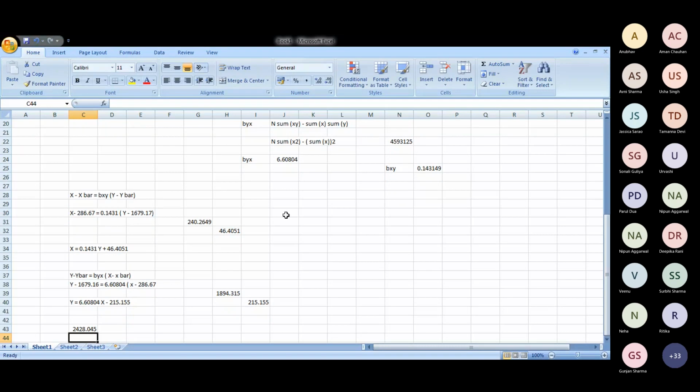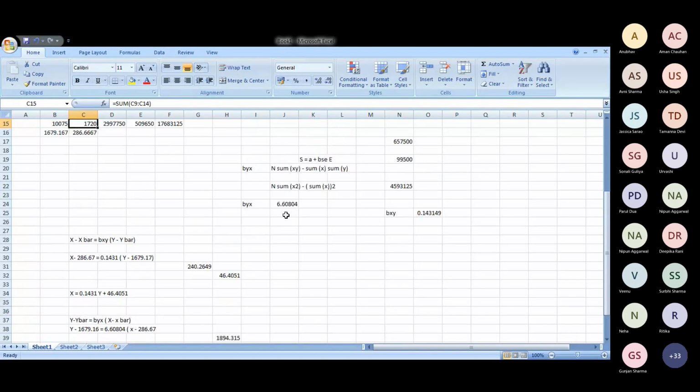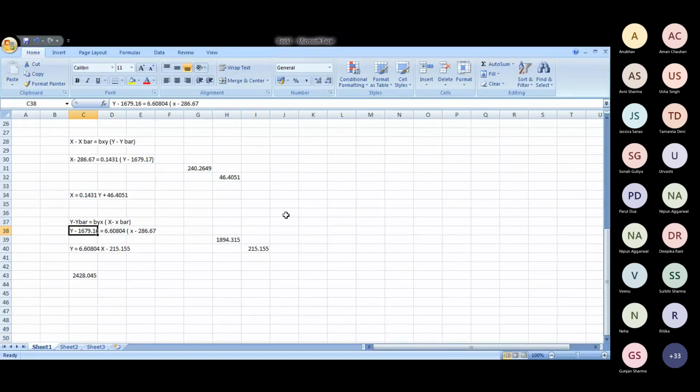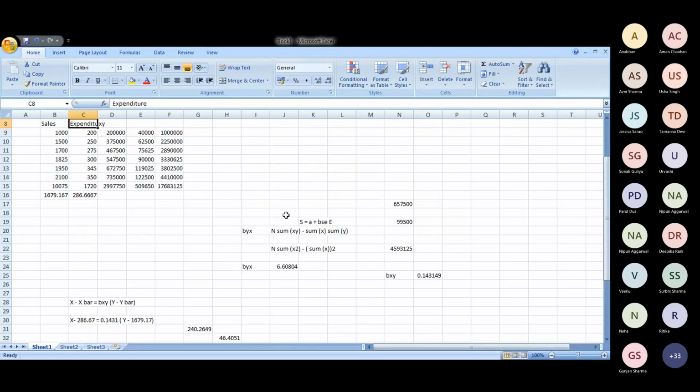So if the expenditure of 400 is there in any year, the sales becomes 2428. Up to 350, the sales is 2100. But if my expenditure reaches 400, then the sales will be like 2428 units. So that is the forecasting we can make by using this regression equation.